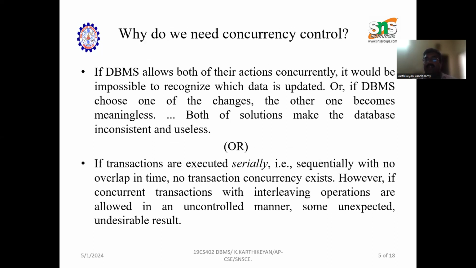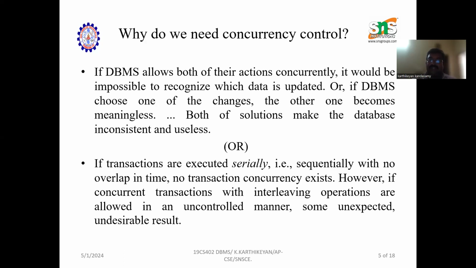So why do we need concurrency control? If the DBMS allows both actions concurrently, it would be impossible to recognize which data is updated. If the DBMS chooses one change, the other becomes meaningless. Both make the database inconsistent or useless.